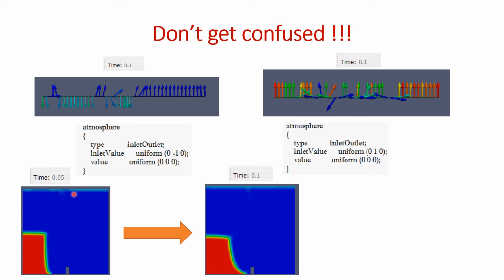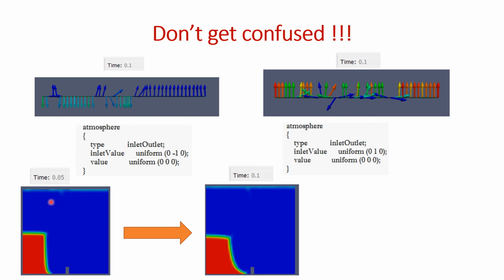This is a dam break case from the OpenFOAM tutorials. This is the water in the dam, and now the dam is breaking up. So this water is going to flow like this and splash down.